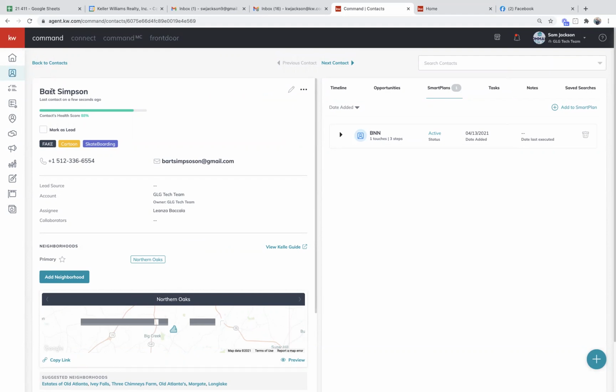It will put in Bart's information. It'll say, hey, Bart, this is your information from Sam. Here's the information specifically to Northern Oaks where you live. It's not going to say, hey, here's the update for all of Atlanta. It's really specific catered information like Netflix, right? We're trying to segment them into what we think is going to be the most important information for Bart, not everybody who signed up on your database.